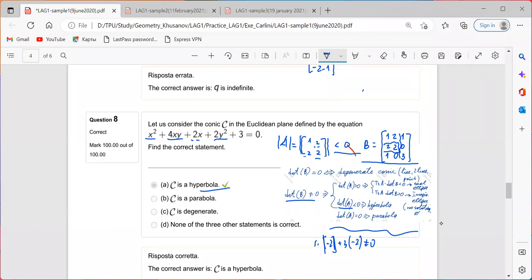We can obtain one point, for example the origin point. It may be a line, the equation converting to a line, or the equation may represent two lines. These three situations may occur, and they correspond to a degenerate conic.